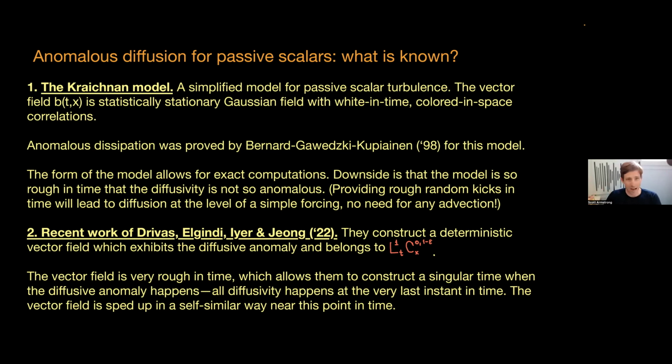And this vector field is white in time, so it's not continuous in time. It doesn't look like a fluid. And the white in time behavior of the vector field, I think it cannot be relaxed. So when you talk to people about this, they first tell you, oh, but that can be relaxed. And then they come back the next day and say, I tried for 2 hours, it cannot be relaxed. Because the white in time is essential for the closing of the exact calculations.